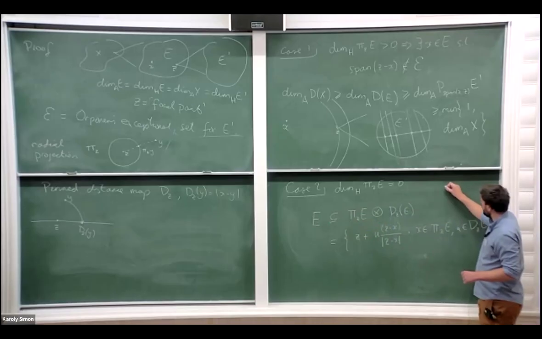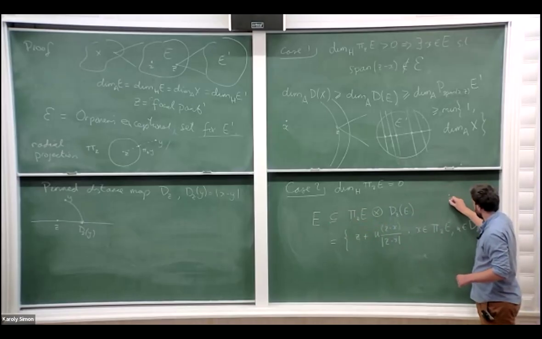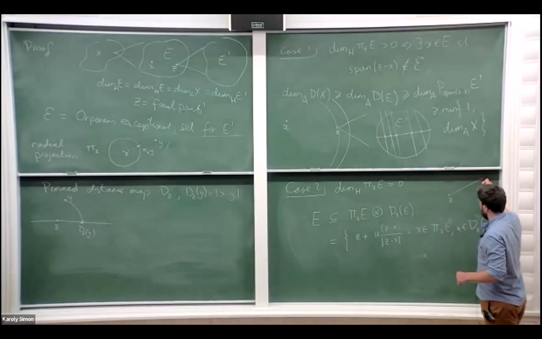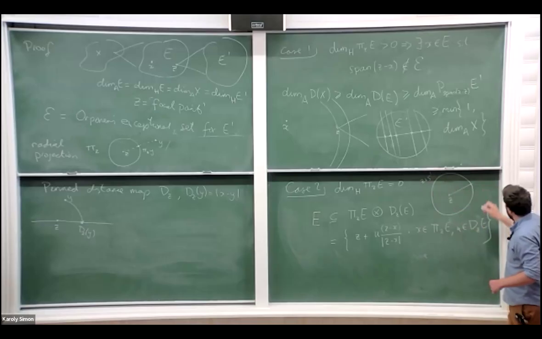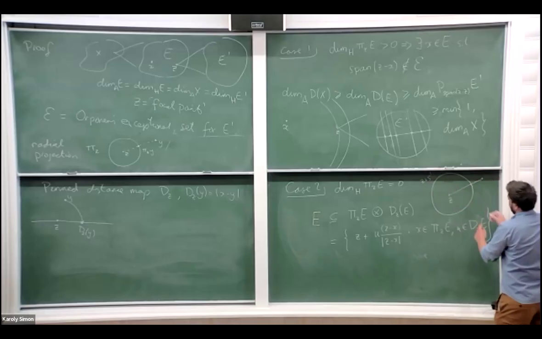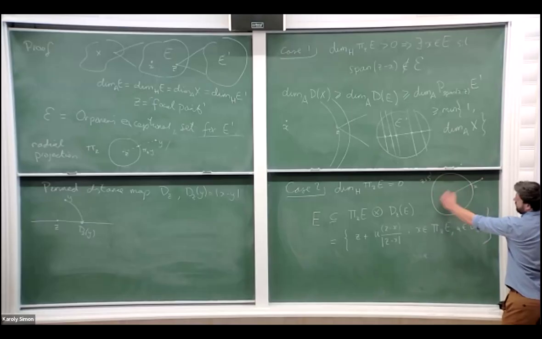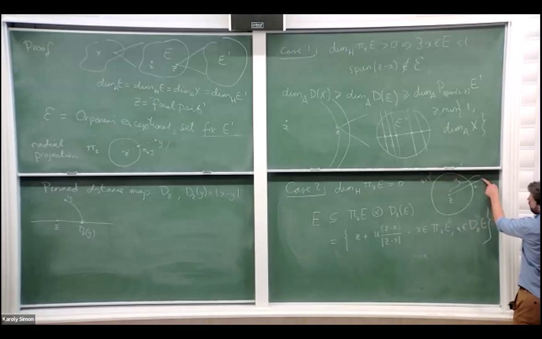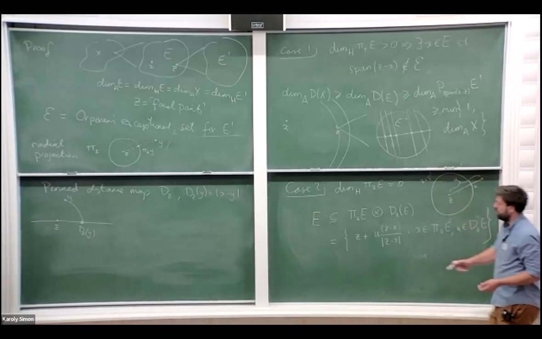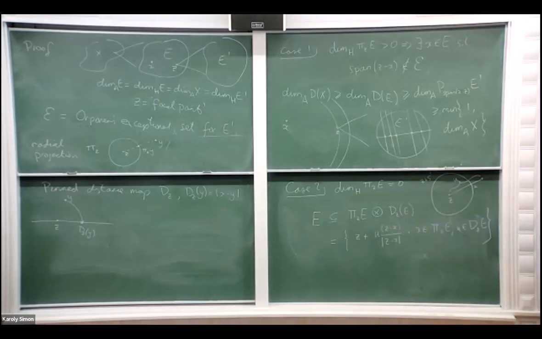So here is Z, here is x, which lies on this circle, and so this point x determines a direction. Then the distance mu determines a point which is at distance mu from z in the direction determined by x. And of course, all points can be expressed in this way, so therefore E is contained in this set, right?